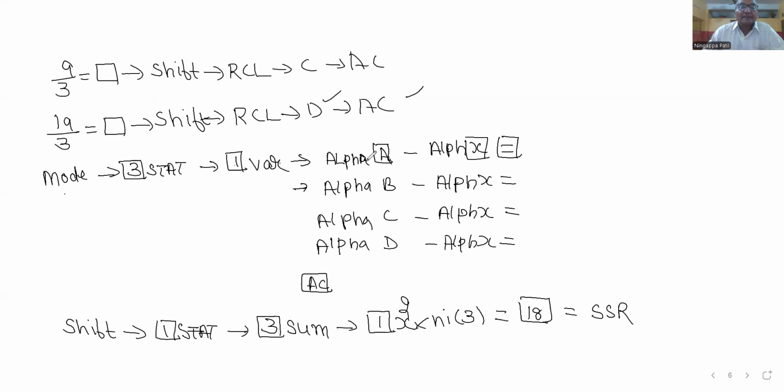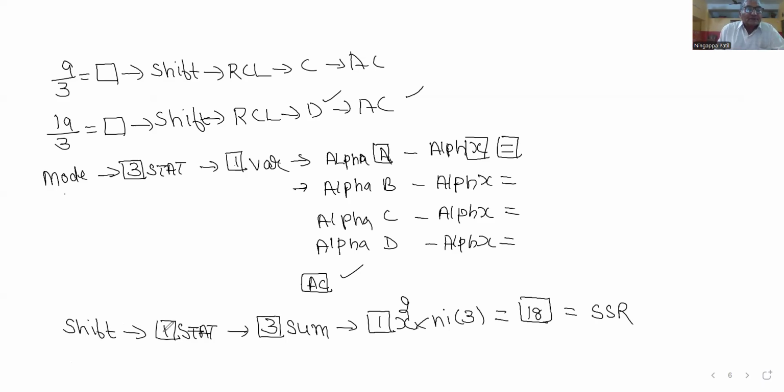Now, alpha A minus alpha X equal to button. Then next, alpha B minus alpha X equal to button, alpha C minus alpha X equal to button, alpha D minus alpha X equal to button. And last, the AC button.